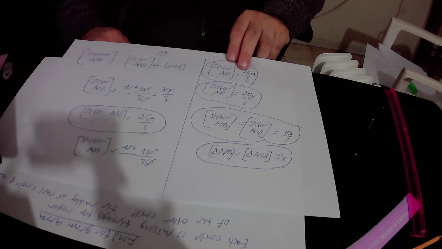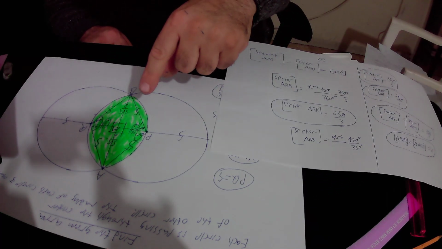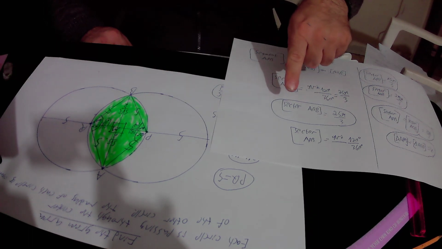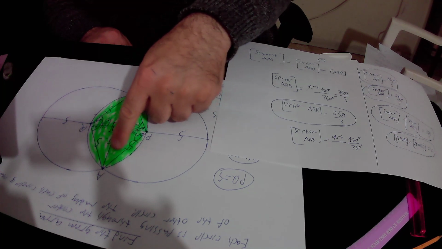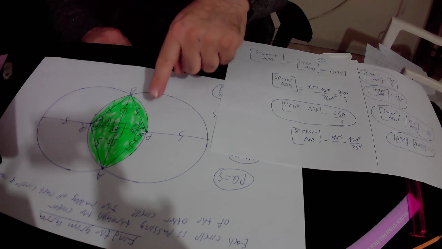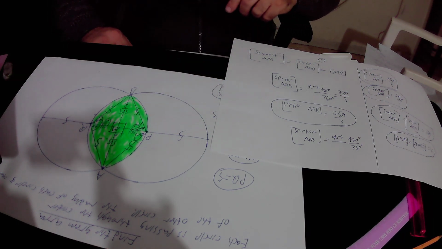Then we calculated the area of sector APB. What is the area of this sector? The area of sector APB will be equal to pi r squared times 120 degrees over 360 degrees.